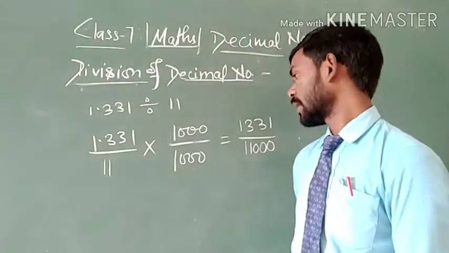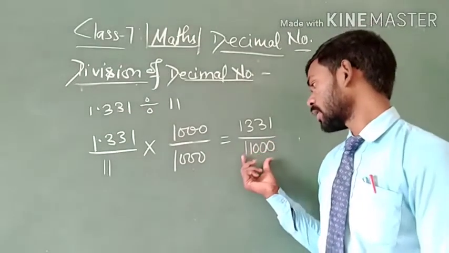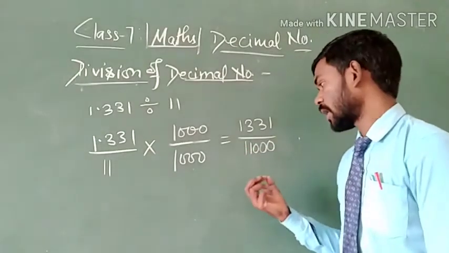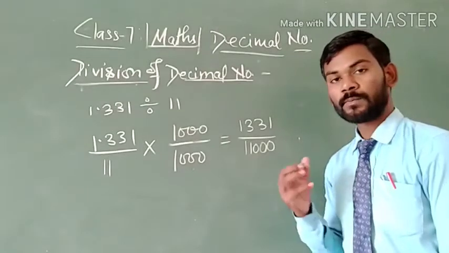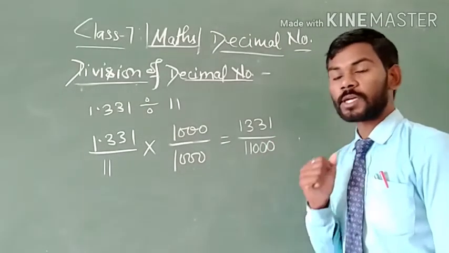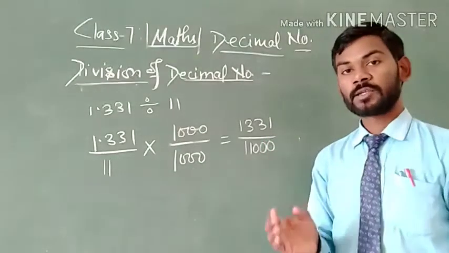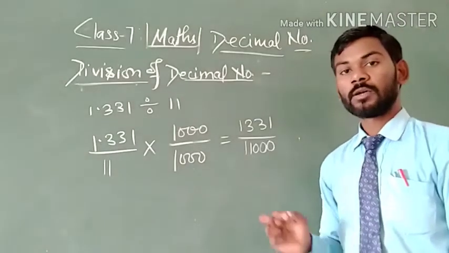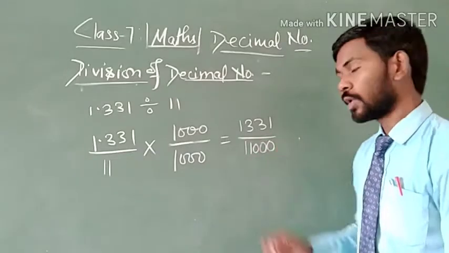Here we can see that the denominator is of such a kind that it cannot be changed in terms of 10 or a multiple of 10. So the division of such a type of rational number is not possible by multiplication, so we shall divide it directly by our old method.